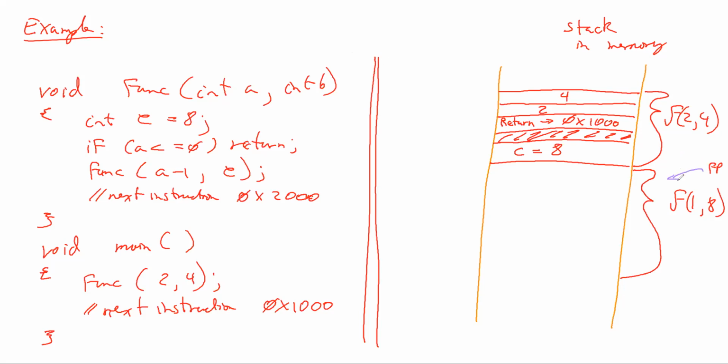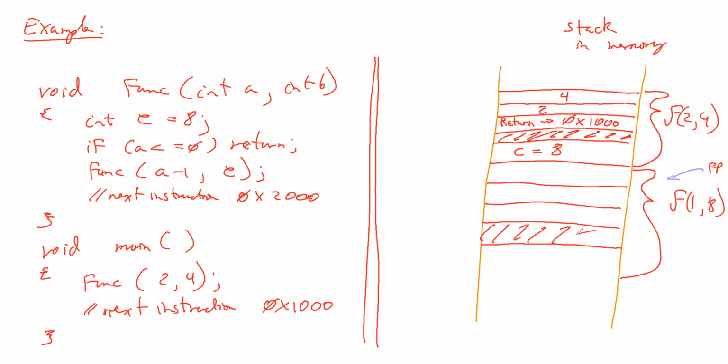That's the current function being executed. Now we need to lay out the parameters. How many arguments does it have? It has 2, A and B, 1 and 8. And then what follows after the arguments?